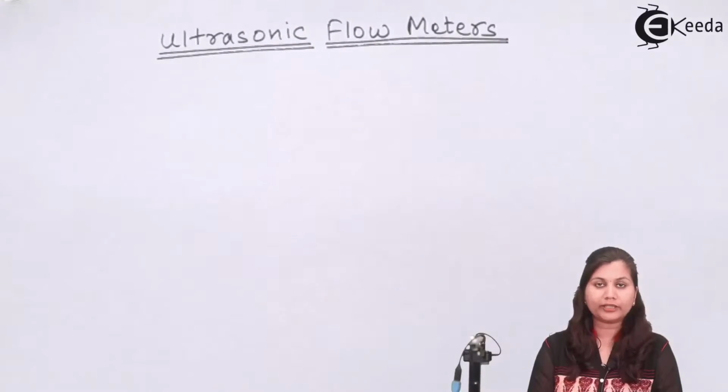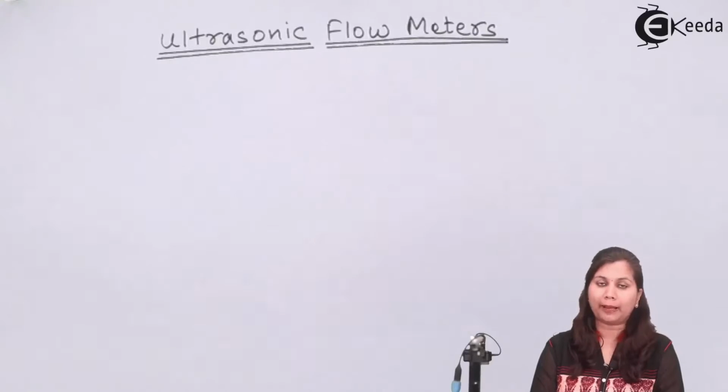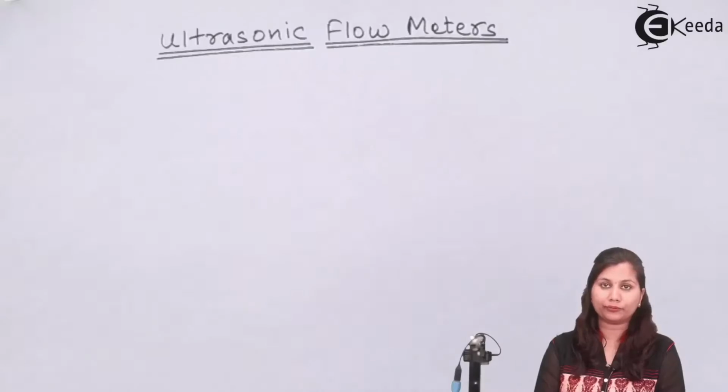The ultrasonic flow meters are the devices or instruments which are used for the measurement of flow of a liquid, or we can say they measure the velocity of a fluid which is flowing in a pipe or some vessels. So these ultrasonic flow meters use the ultrasonic waves for the measurement of flow rate.